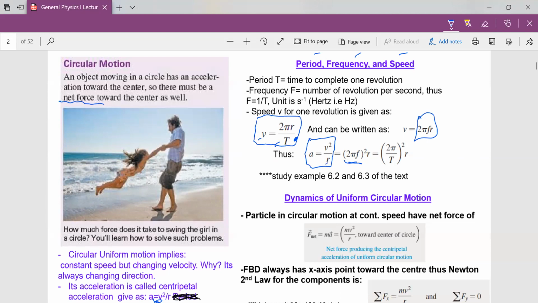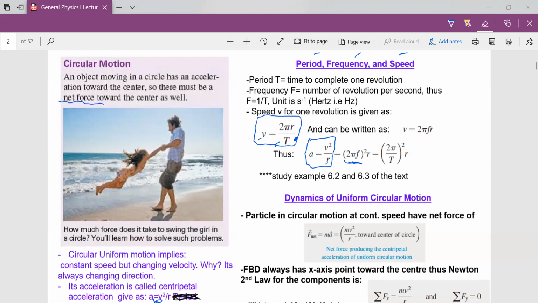Because of the r at the base, one r will take care of one r. So what you have left is 2 pi f squared, which is frequency, then r. All right, so acceleration therefore is equal to 2 pi f squared r.